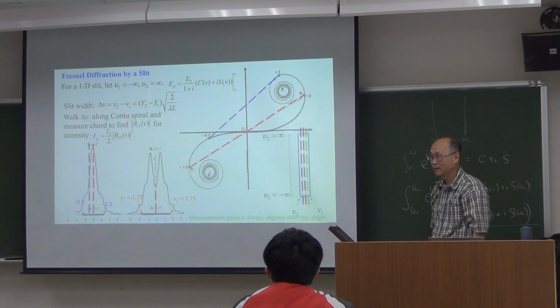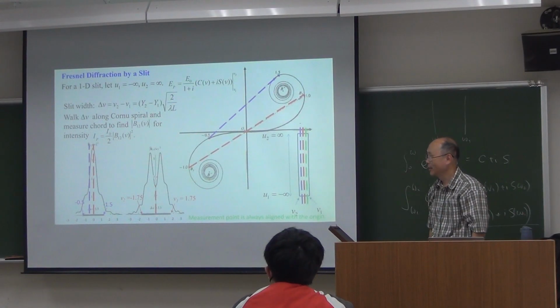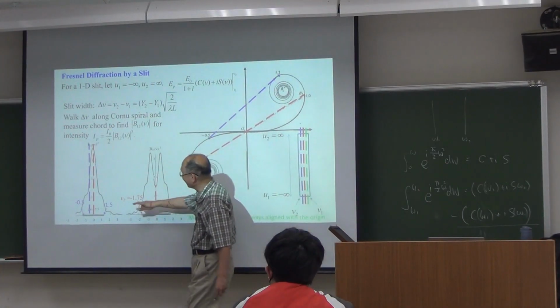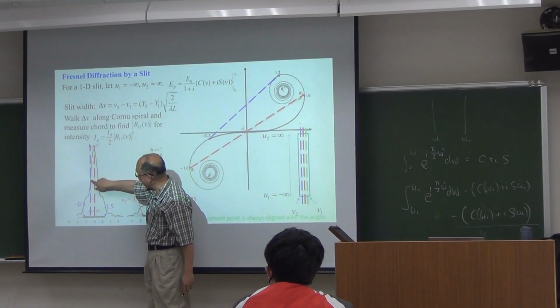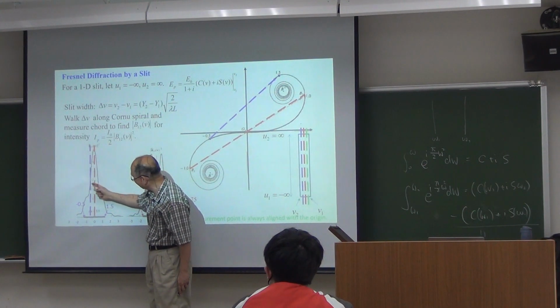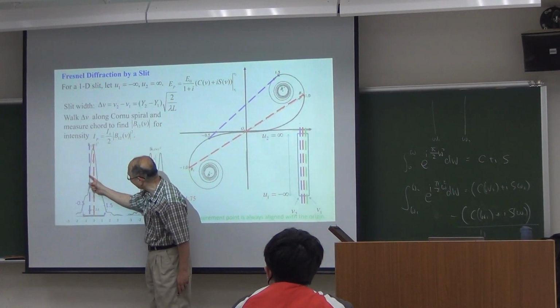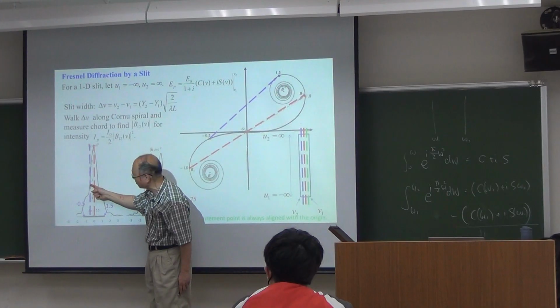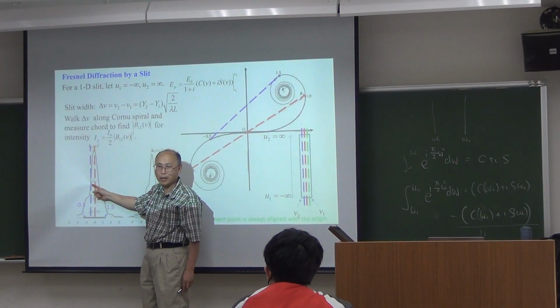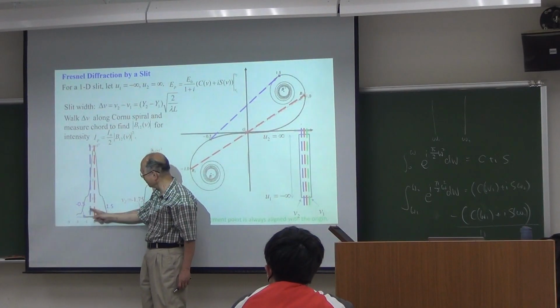Then it's a little bit more complicated when you want to figure out the intensity at this point. The intensity at this point is running from the aperture. When I say the intensity at this point, the origin of my variable moved to this location.